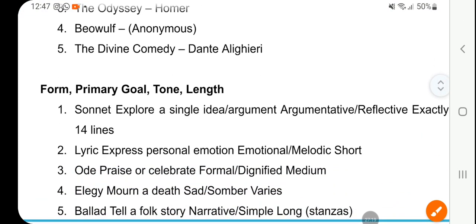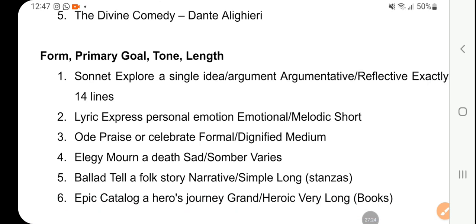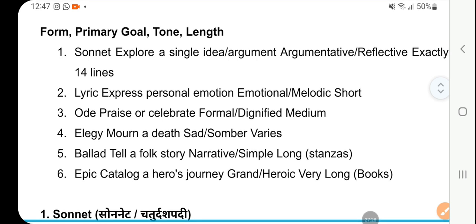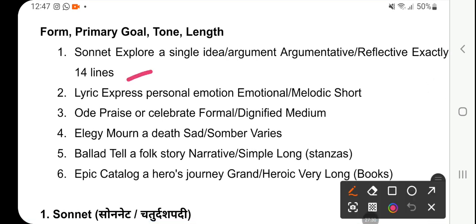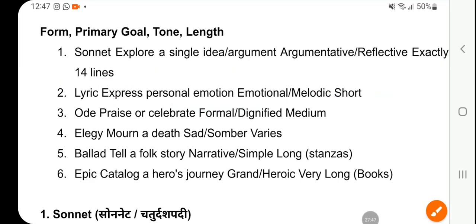Now let us have a comparative study: form, primary goal, tone, length. Sonnet explores a single idea, argumentative, reflective, exactly 14 lines. Lyric expresses personal emotion, emotional, melodic, short.